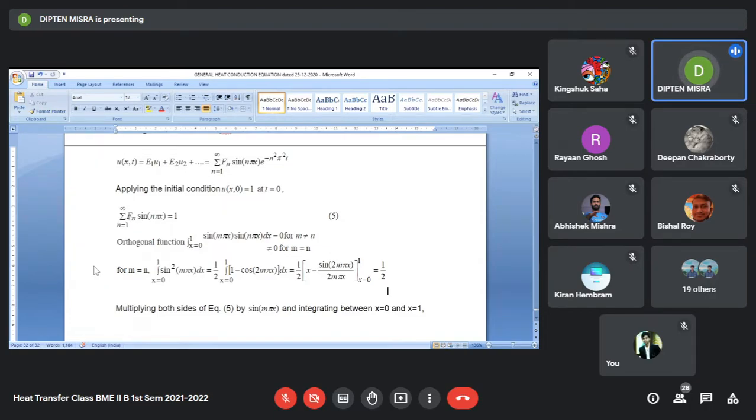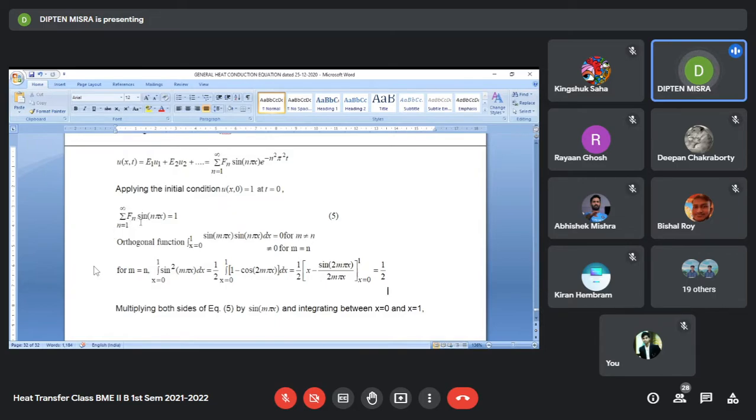If we expand this summation series, it is f1 sine 1 pi x plus f2 sine 2 pi x plus f3 sine 3 pi x plus f4 sine 4 pi x, like that. Now suppose we multiply both sides of this by sine 4 pi x, then what will happen? And integrate the whole thing between 0 to 1.